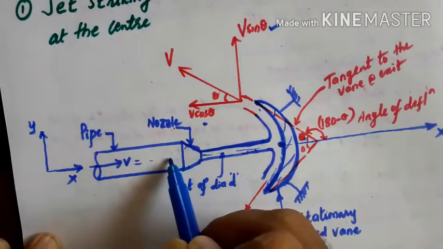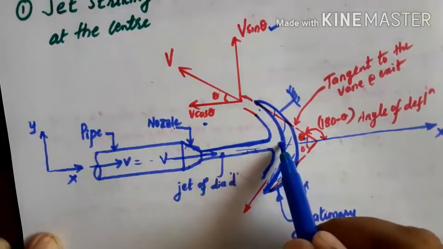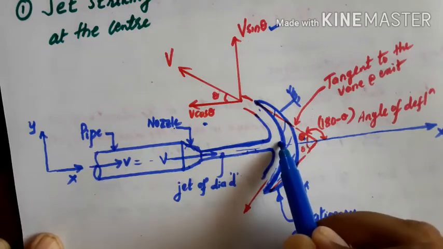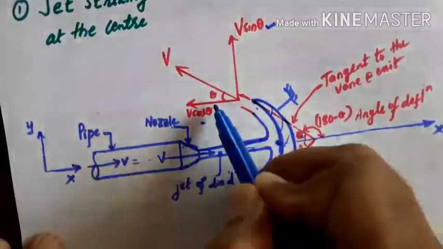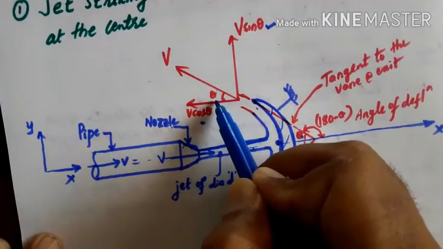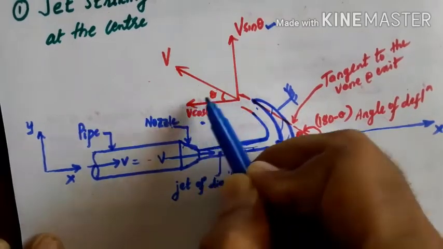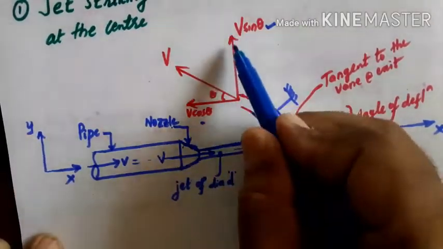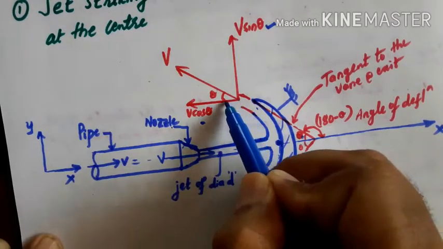So this jet is coming with a velocity v and striking the vane, and it is going out of the vane with the same velocity v, making an angle of theta. When you resolve this one, we get two components. One in the direction of jet, the other perpendicular to the direction of jet.